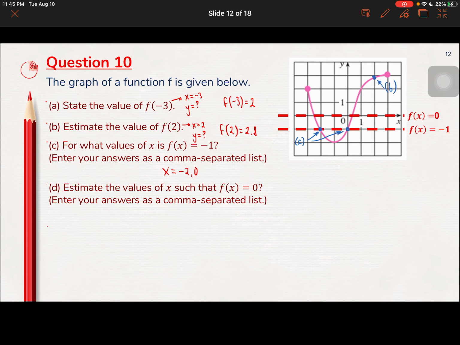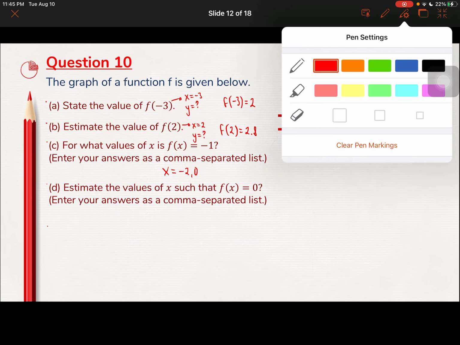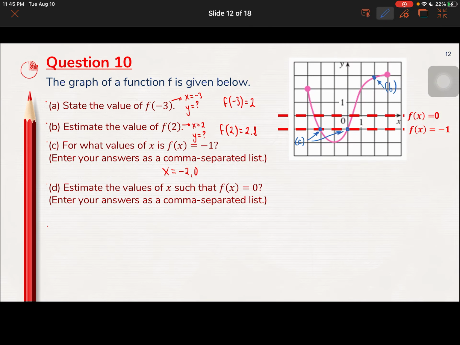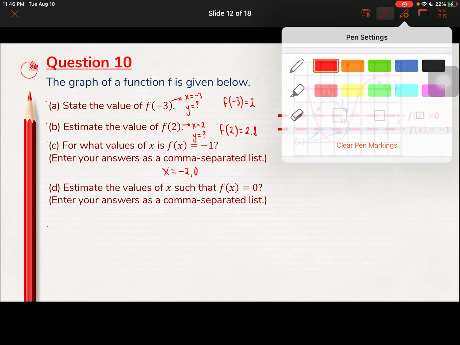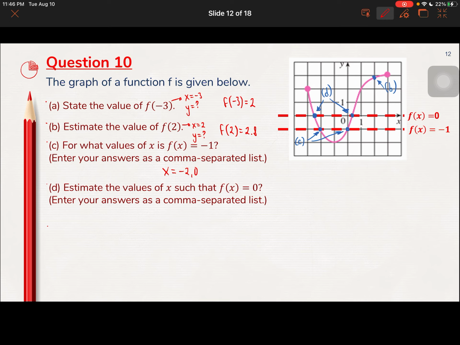I'm going to sketch a horizontal line that represents the value of the function equals 0, and we need to check where it is crossing the function. So we see this point and this point, and this is for letter D. So they are not integers, so we need to estimate a little bit more or less what are those values.